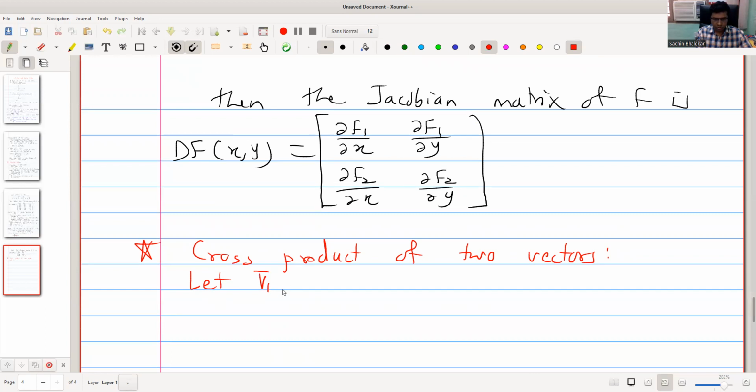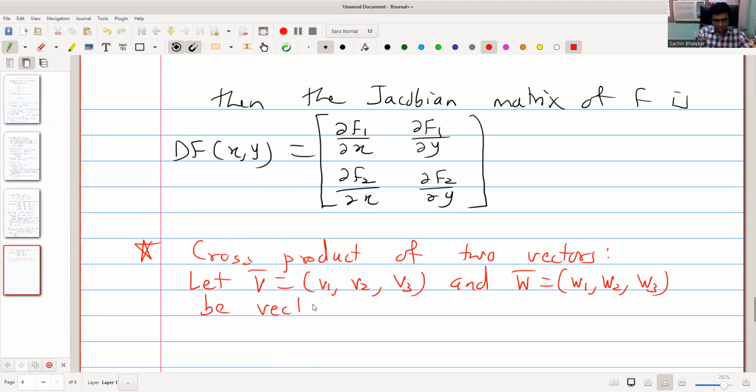Let V bar given by, say, V1, V2, V3, and W bar given by W1, W2, W3 be vectors in R3.